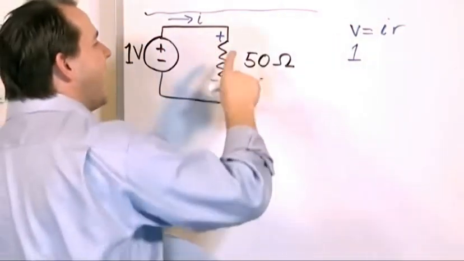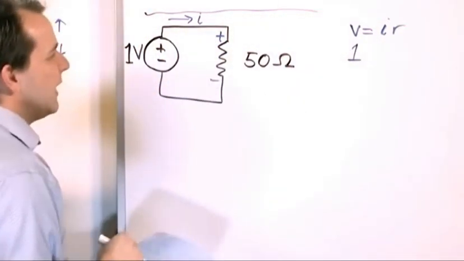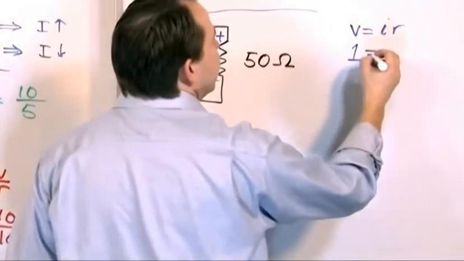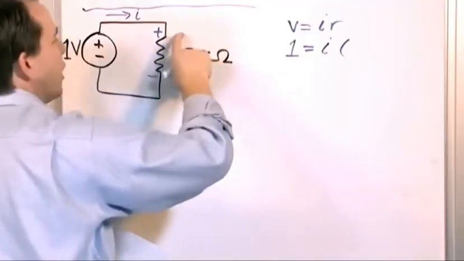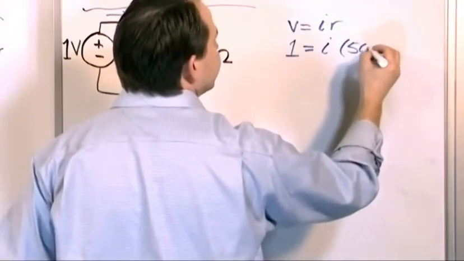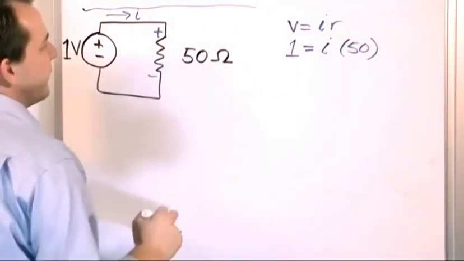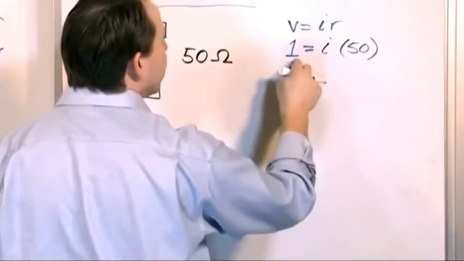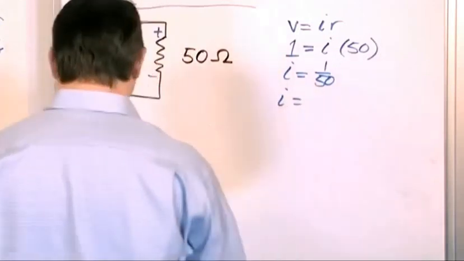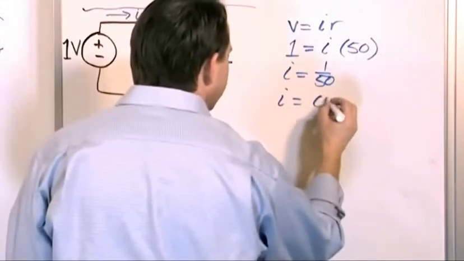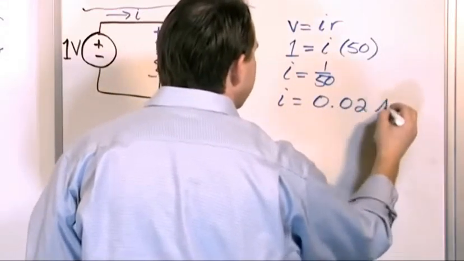So we have to talk about a component when we apply Ohm's law like this. 1 volt is equal to I times R. We don't know what I is, but the resistance we know is 50 ohms. So we have volts and ohms, so the units are fine. So the current is 1 divided by 50, which is 0.02 amps.